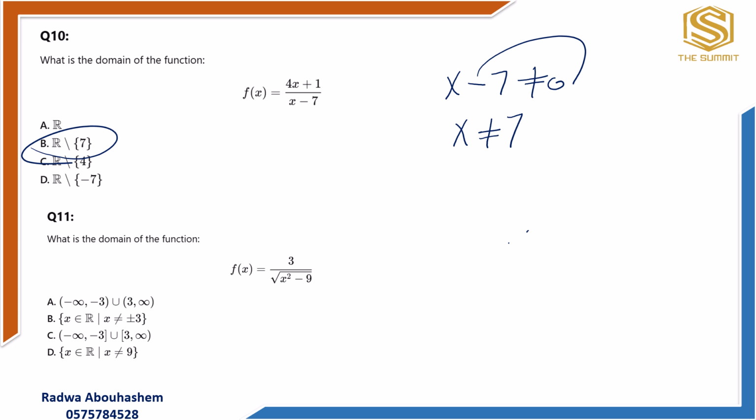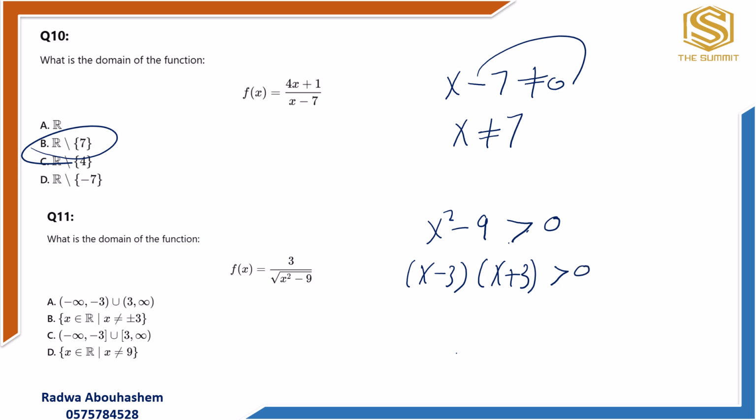What is the domain of the function 3 over the square root of x power 2 minus 9? Here we have combined both the rational and the square root. This means that x power 2 minus 9 should be greater than 0; it shouldn't be 0, and shouldn't be a negative number, right? Now, x power 2 minus 9, if you factorize it, could be x minus 3 times x plus 3 greater than 0, or we could take the square root simply.